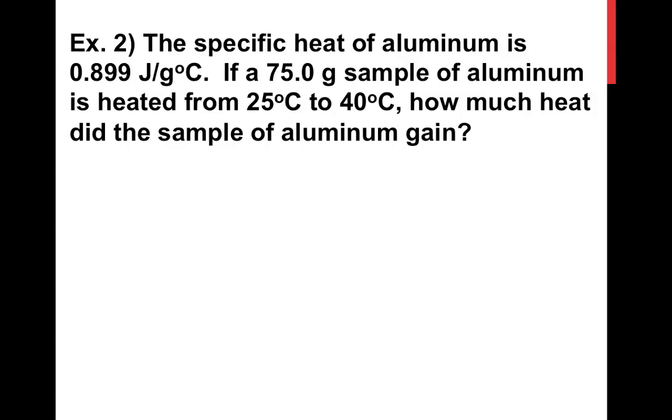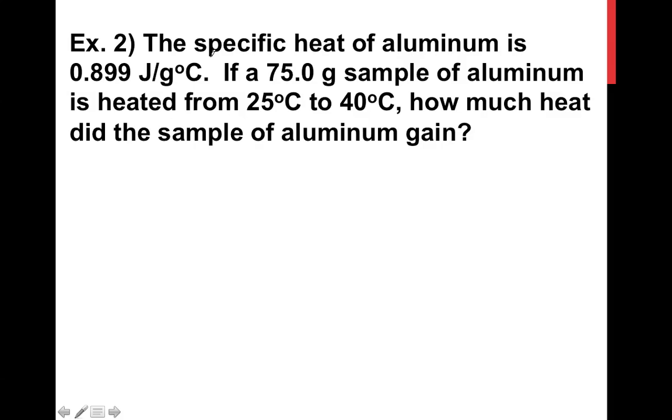Example 2. The specific heat of aluminum is 0.899 joules per gram degrees Celsius. If a 75 gram sample of aluminum is heated from 25 to 40, how much heat did the sample of aluminum gain? Again, looking for my givens.